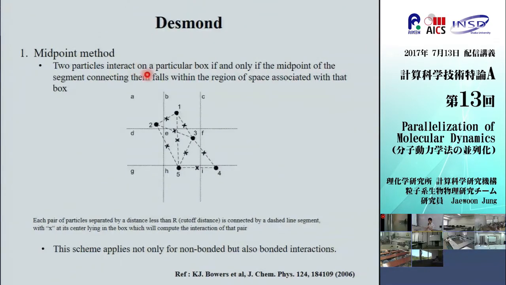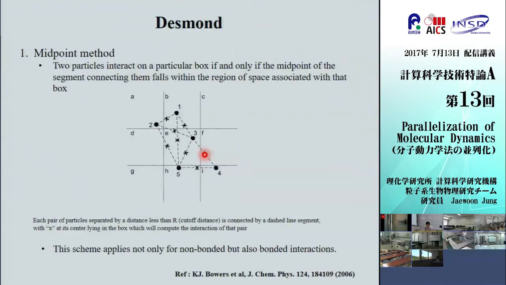According to the midpoint method, they decide the interaction point between a particle pair as the midpoint. If you see particle number 3 and number 4, sometimes you have to decide which domain should calculate the pairwise interaction between this particle pair. In the case of Desmond, they decide the interaction point as the midpoint.